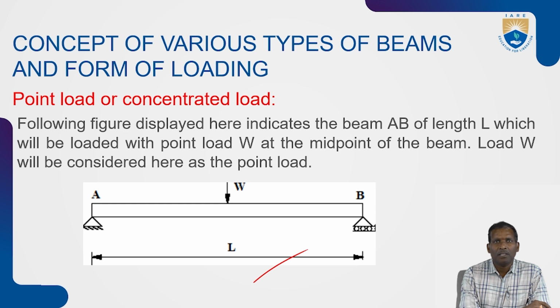The following figure displayed here indicates the beam AB of length L, which is loaded with point load W at the midpoint of the beam. Load W will be considered here as the point load.